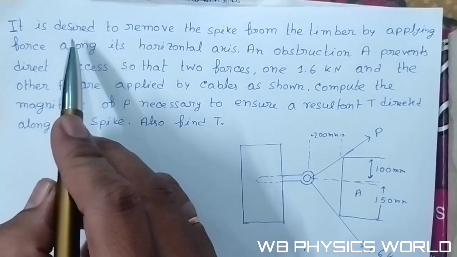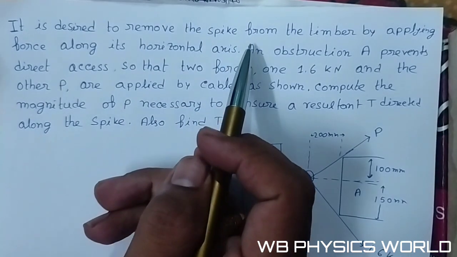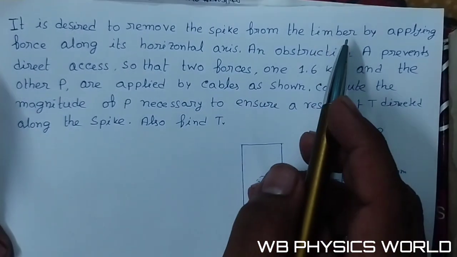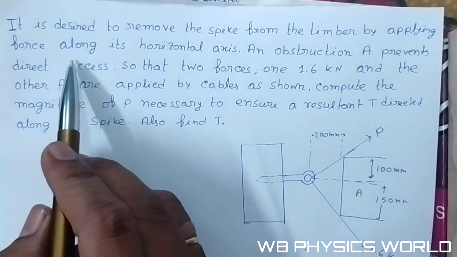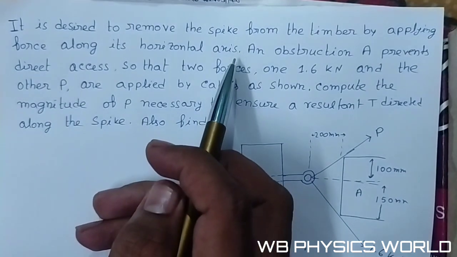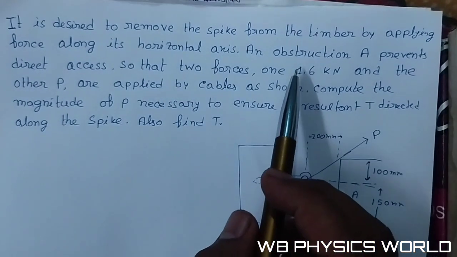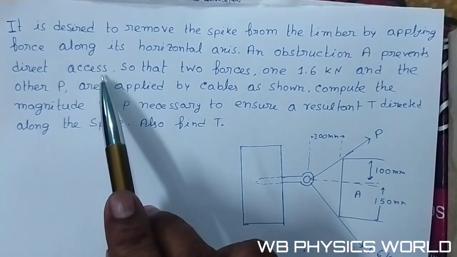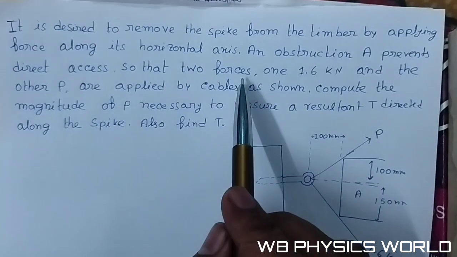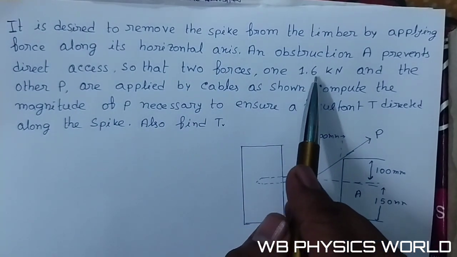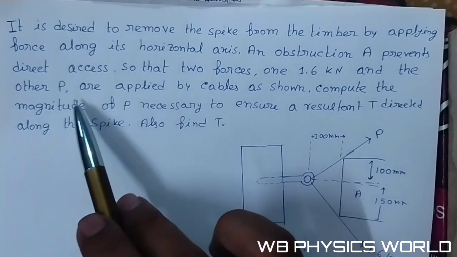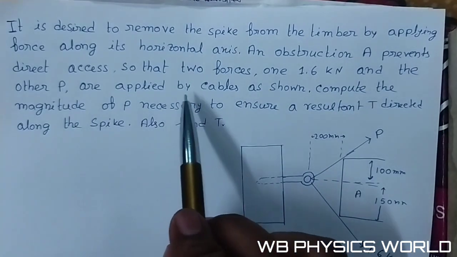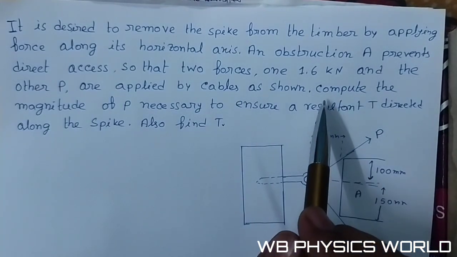It is desired to remove the spike from the timber by applying force along its horizontal axis. An obstruction A prevents direct access so that two forces, one 1.6 kN and the other P, are applied by cables as shown.